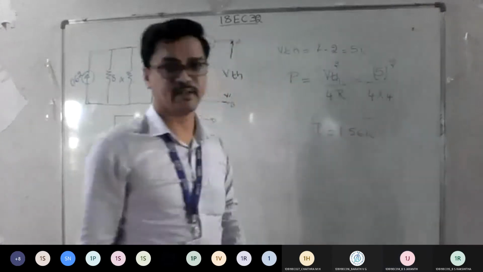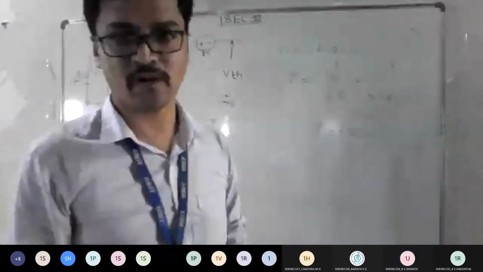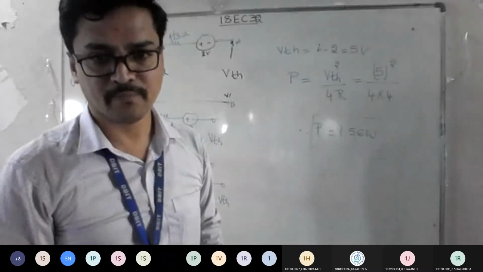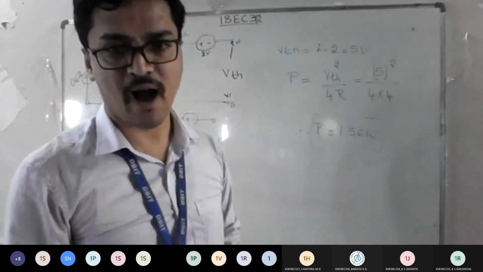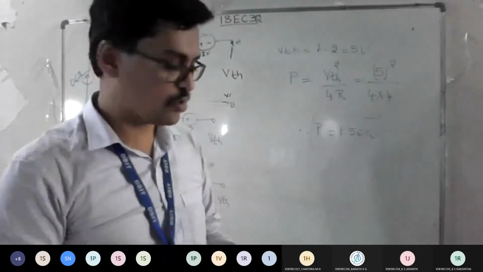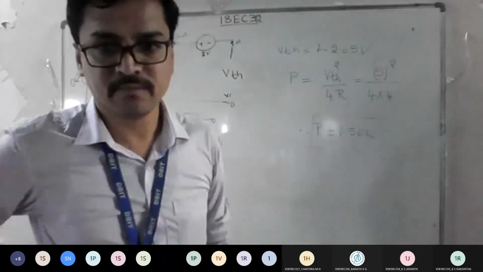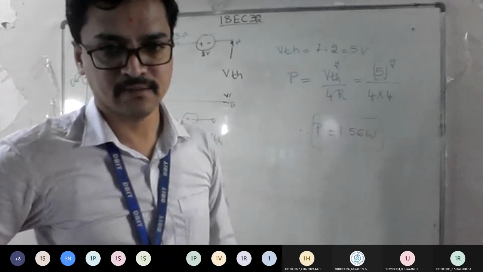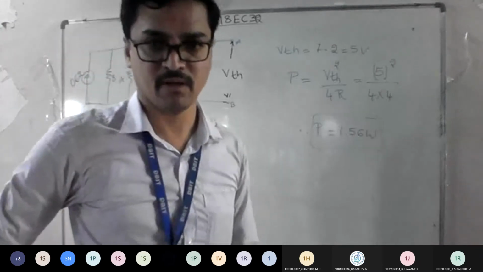After the decimal, you can take 2 points, that is enough. So 1.56 watts. This is the power dissipated across that RL. So you proved RL as 4 ohm. I hope you got this type of problem also, everyone. We'll try to solve one last problem on AC and we'll wind up this module 2.